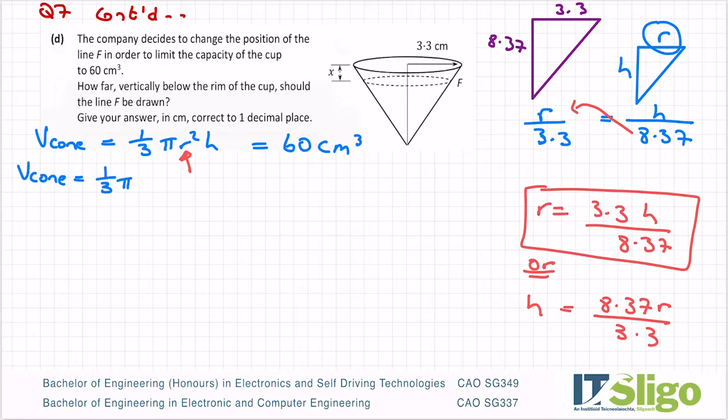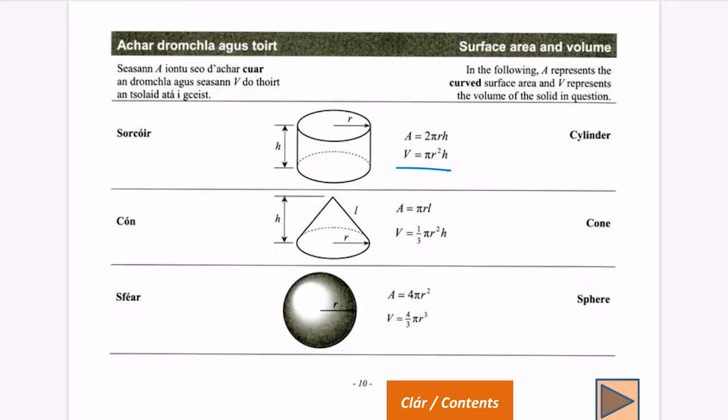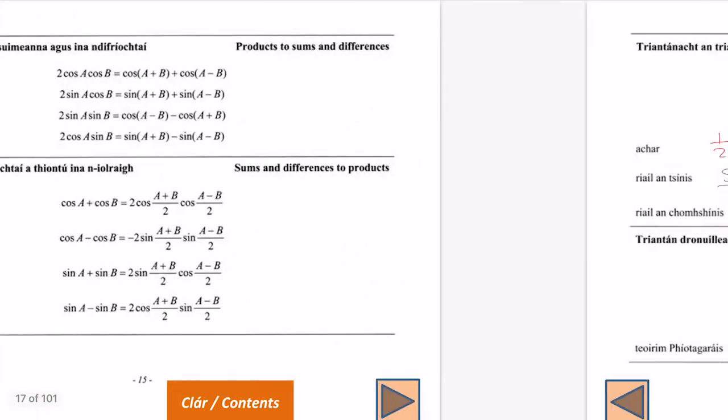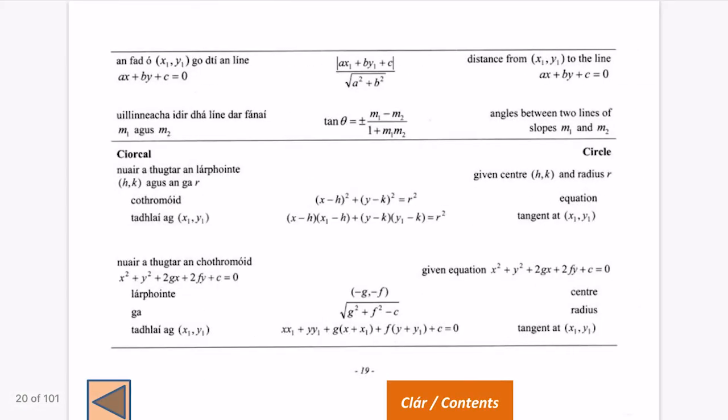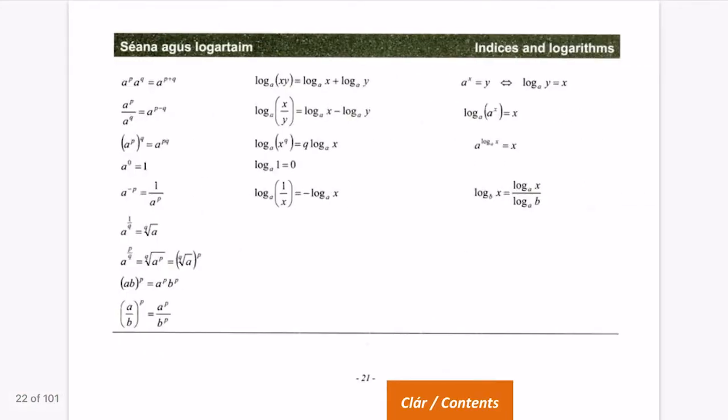So a third pi times 3.3h over 8.37, squared, times h is equal to 60. Okay, so again, using the rules of indices, when you have something in a bracket, top and bottom to a power, you can multiply the top by that power and the bottom by that power separately.